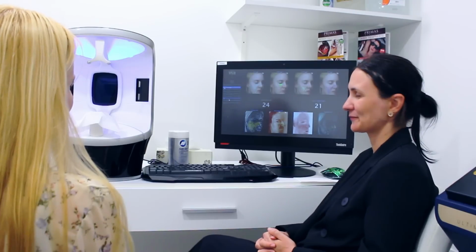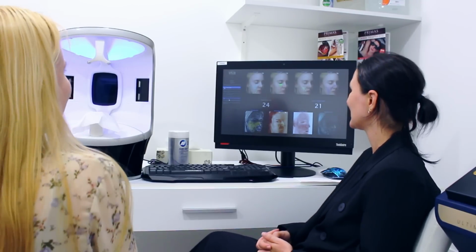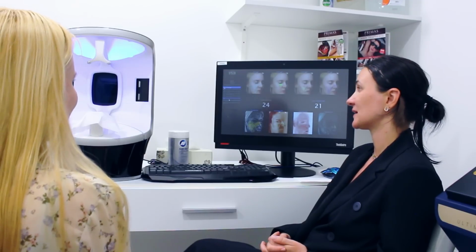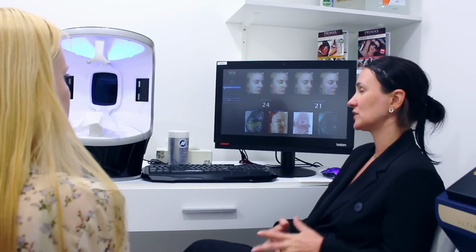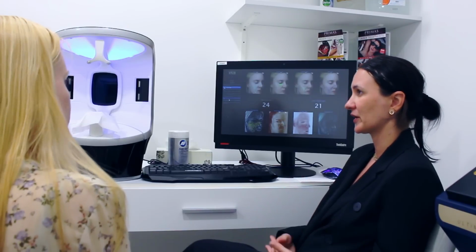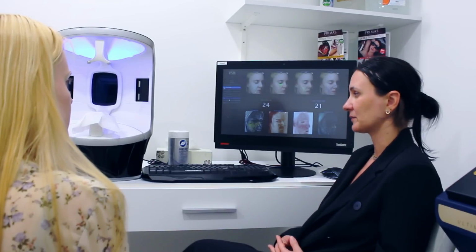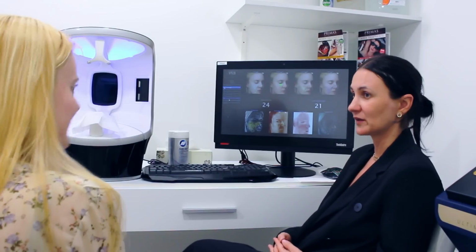This is the price we have to pay, I guess, for those few minutes of pleasure. But I'm sure if you start doing your routine with the combined treatments and the home care and be more aware, I'm sure your skin is not bad, but it could be even better.